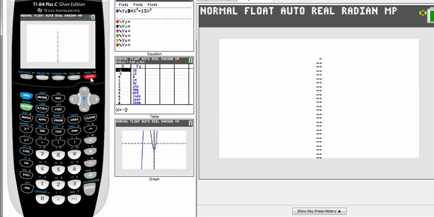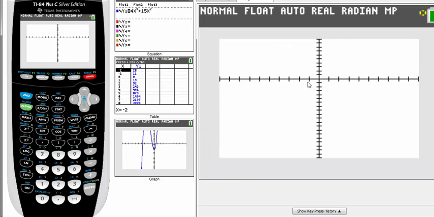Now we might have to adjust our window here a little bit, but I know something's going on at -4 because we already caught that from our original problem. So it looks like it's crossing here, and then I'm crossing here and here as well. So it's having 3 roots, but the other roots I can't find as integers. They're going to be fractional values. So I'd probably have to use the quadratic formula or something like that from here.